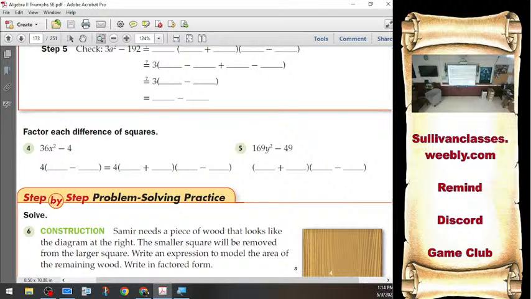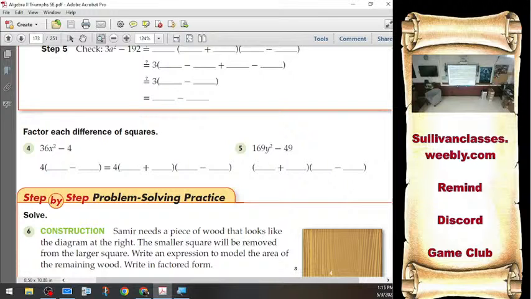But you're missing the point. So if I take a 4 out, cross that out, cross that out. This is now 4 times, there's a 3 and a 3 left, a 9x squared. Divided by 4, there's a 1 left. That's what this is.